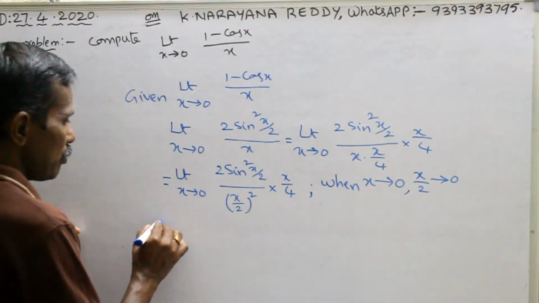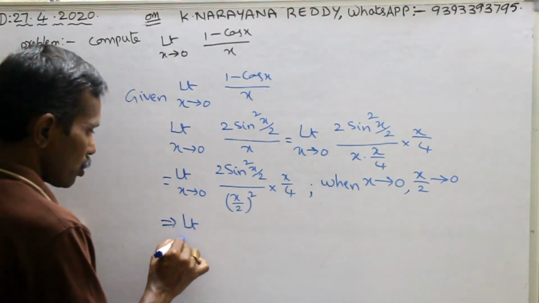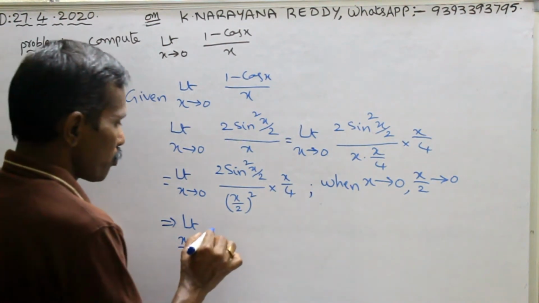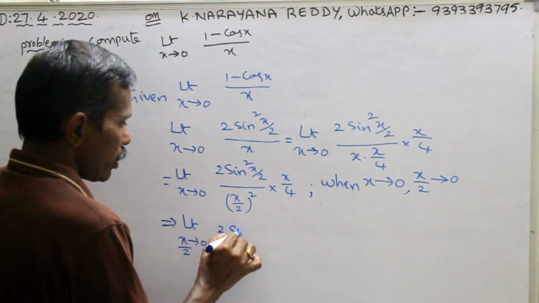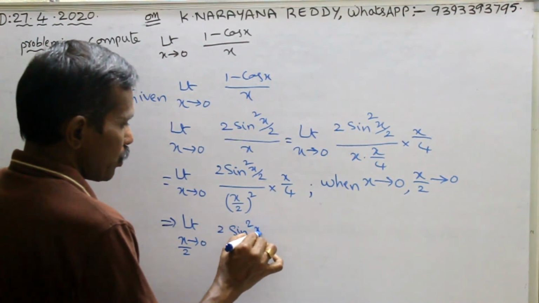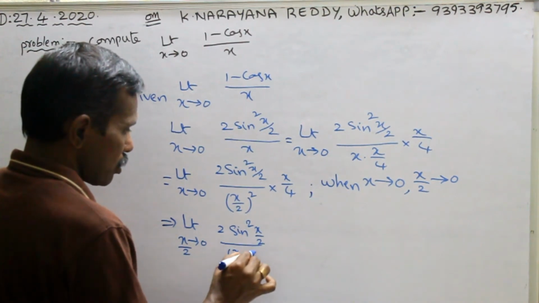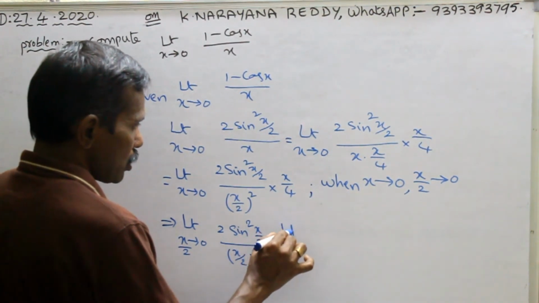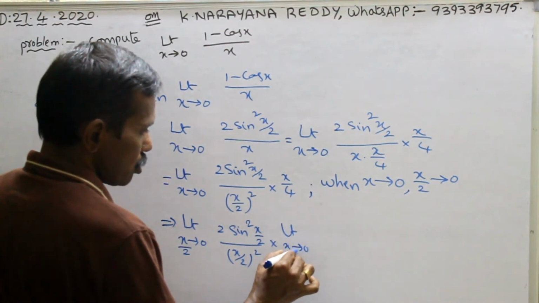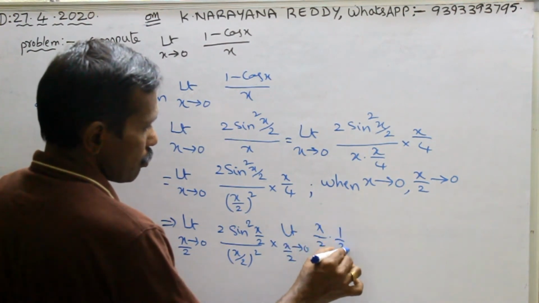Now I will change the limit. x by 2 tends to 0, 2 sin square x by 2 divided by x by 2 whole square, into limit x by 2 tends to 0, x by 2 into 1 by 2.